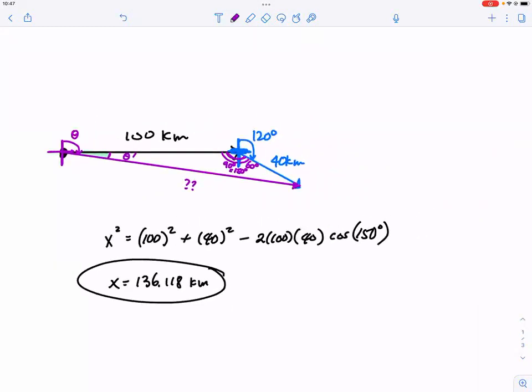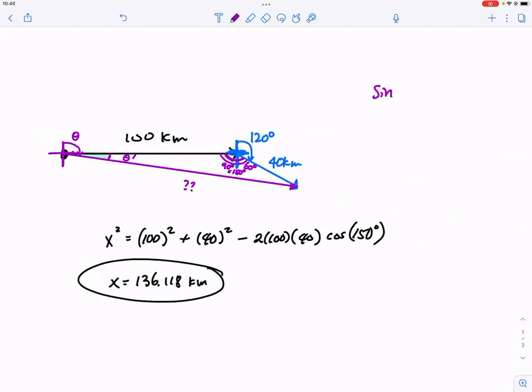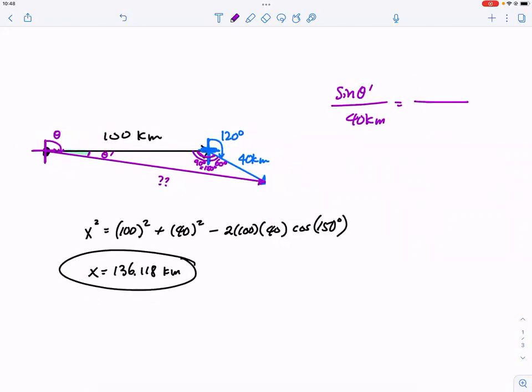The law of sines, right? So I would do sine theta prime over 40 kilometers, and you will inevitably use the information you just got. So you have sine of 150 degrees over 136.118. So you will go ahead and find out the theta prime.